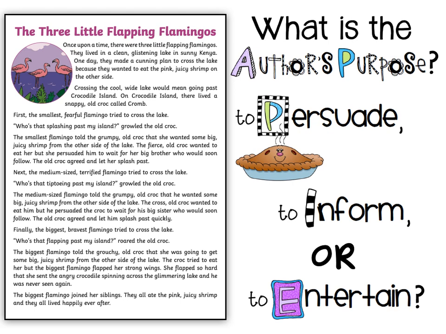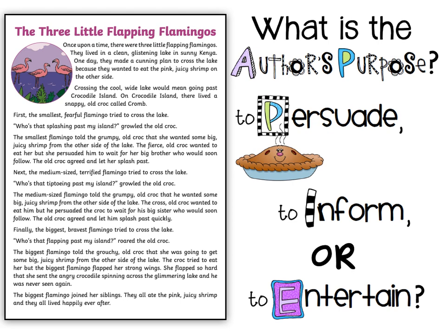Next, the medium-sized, terrified flamingo tried to cross the lake. "Who's that tiptoeing past my island?" growled the old croc. The medium-sized flamingo told the grumpy old croc that he wanted some big, juicy shrimp from the other side of the lake. The cross old croc wanted to eat him, but he persuaded the croc to wait for his big sister, who would soon follow. The old croc agreed and let him splash past quickly. Finally, the biggest, bravest flamingo tried to cross the lake.